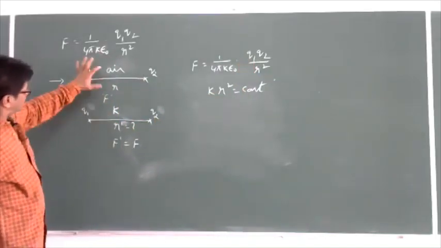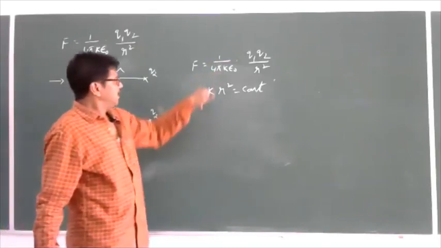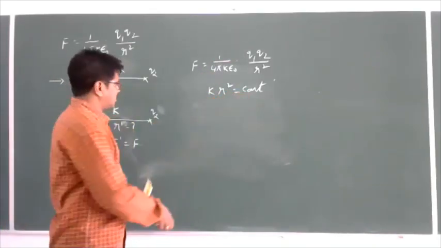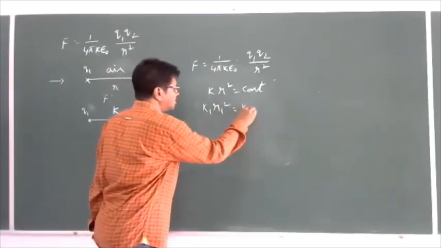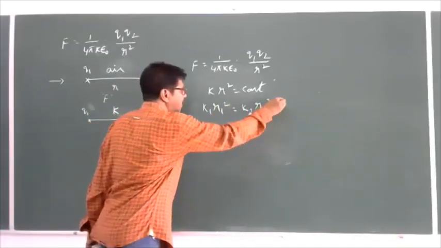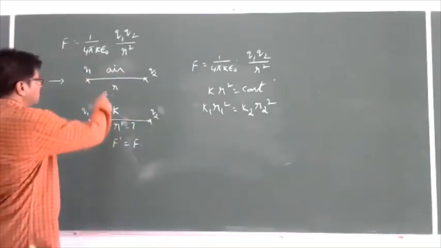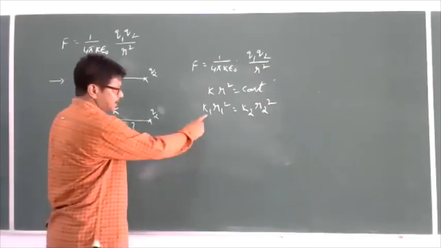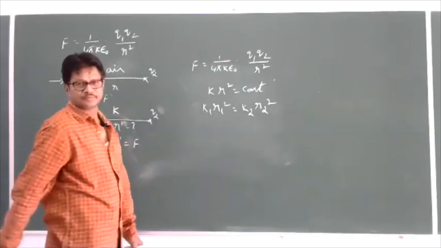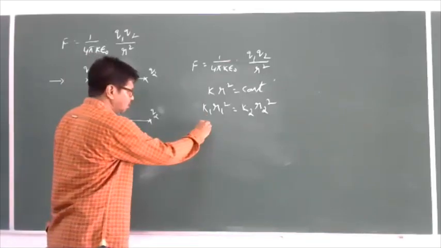Only the medium and the distance are variables. So K1 R1 square is equal to K2 R2 square, where 1 represents air. The value of K for air is equal to 1.